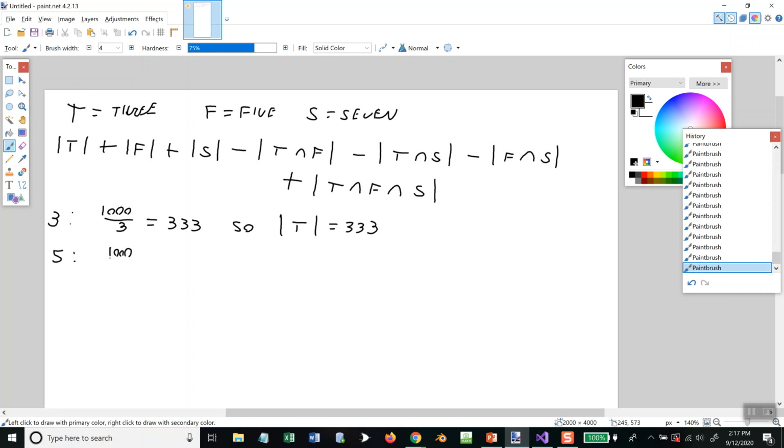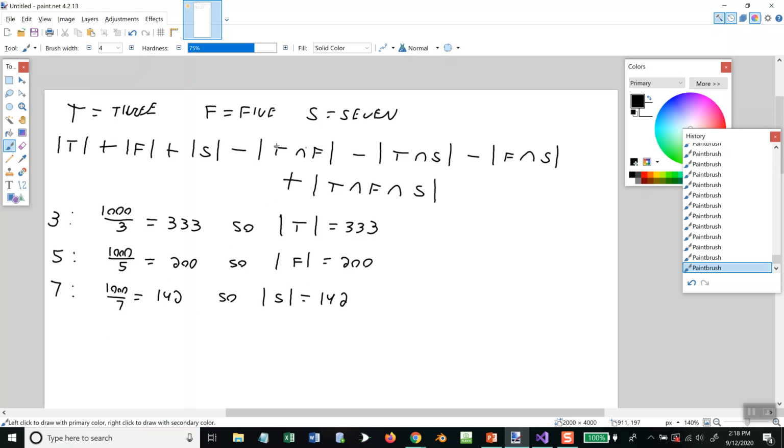Take 1,000 divided by 5. I might be able to do that in my head. 200. So the cardinality of F is 200. 7. I'll take 1,000 divided by 7, which is 142, dropping off the decimals. So the cardinality of S is equal to 142.